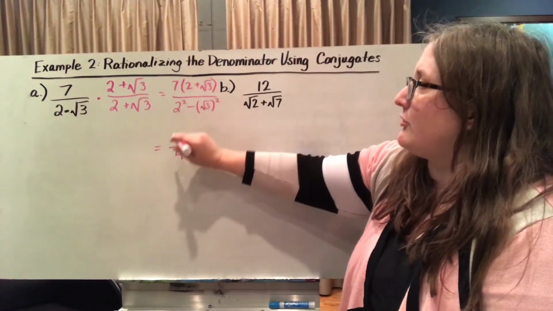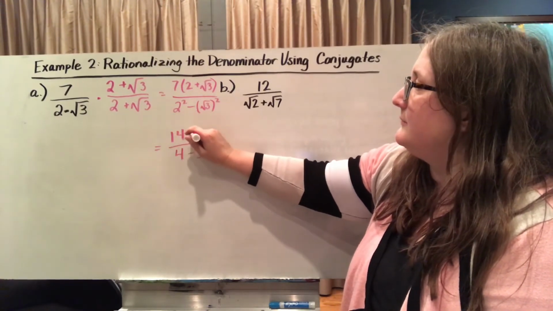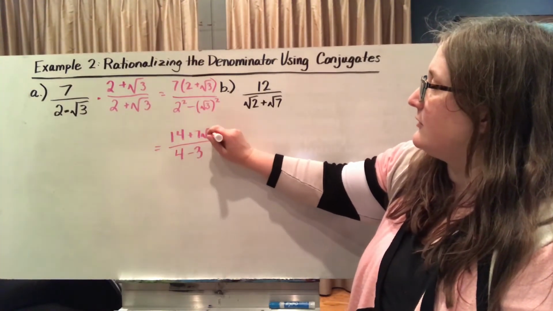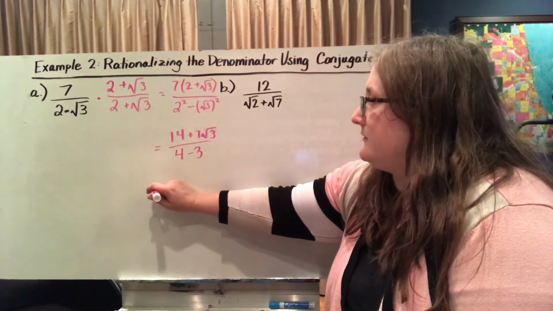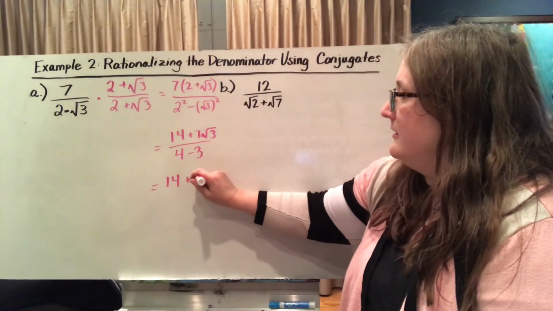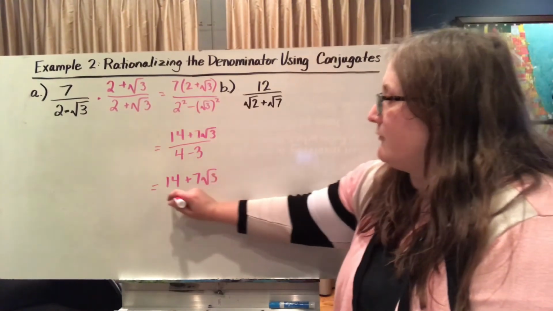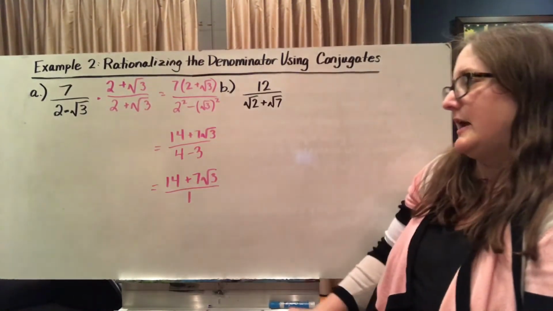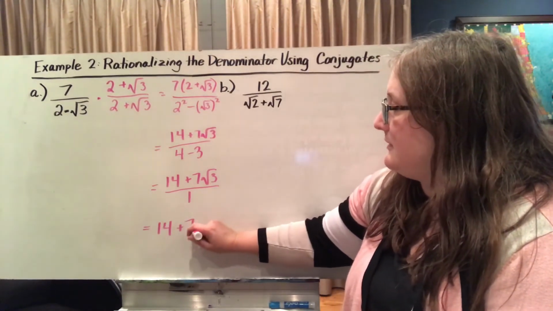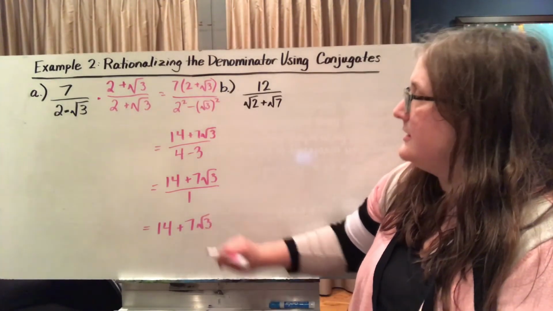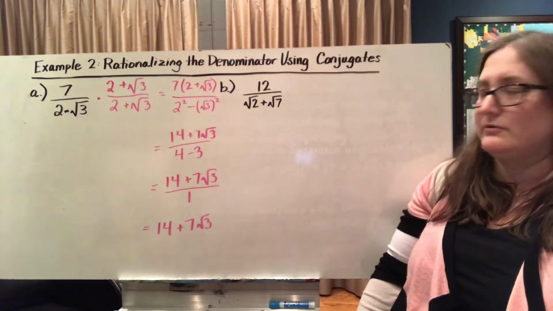On top, I'm going to distribute my 7, and I'm going to get 14 plus 7 square root 3. 4 minus 3 is going to give me 1. So this is all going to be over 1. And anything divided by 1 is just that number. So 14 plus 7 square root 3 is my simplified new radical.